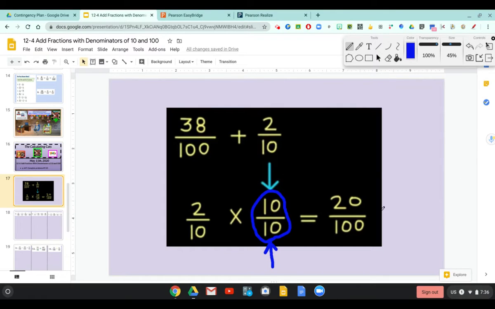So what you'll notice here is that once you get good at this, you'll start realizing that when you're going from a denominator of 10 to a denominator of 100, you can multiply by 10 over 10, or you'll start realizing that if you add a 0 to the numerator and a 0 to the denominator, you'll also get the equivalent fraction.